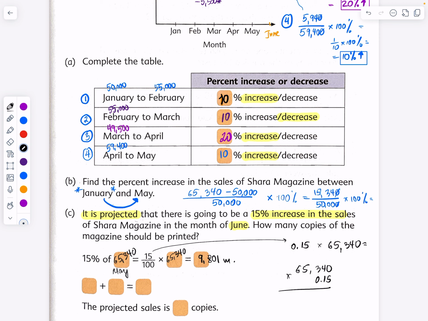So if we want the 9,801 copies more compared to what we had in May, therefore in June, the projected sales should be 75,141 copies. Very interesting problem. I hope you enjoyed it.